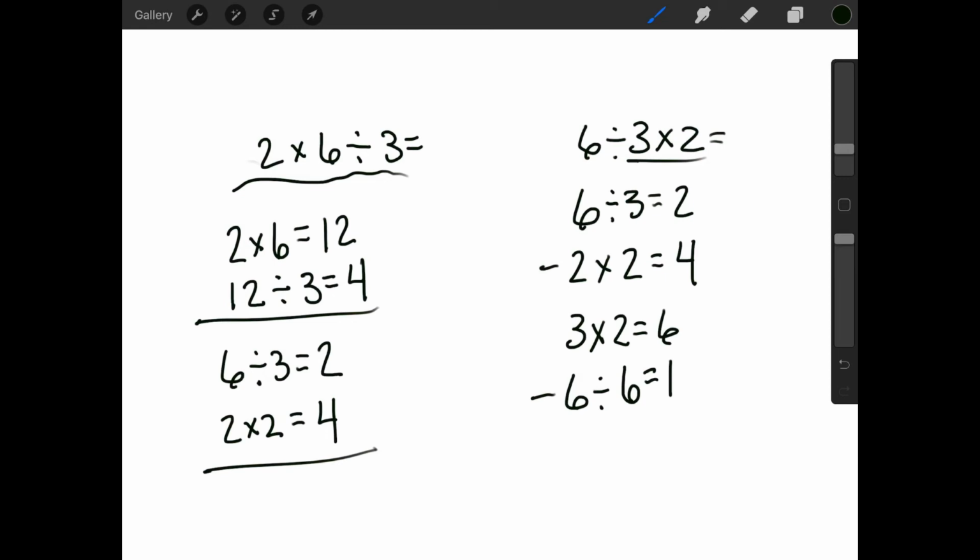Alternatively, if we look over to this other side, whether we divide first or go left to right, we get the correct answer of 4. Over here, if we go left to right, or we divide first, we get the correct answer of 4 again. Now, I know that this may seem a little bit weird or strange.